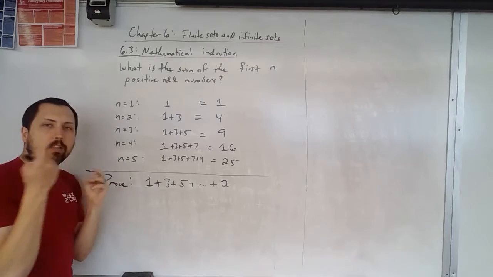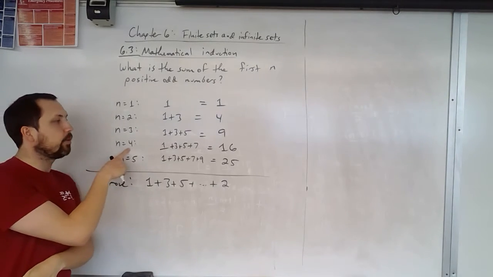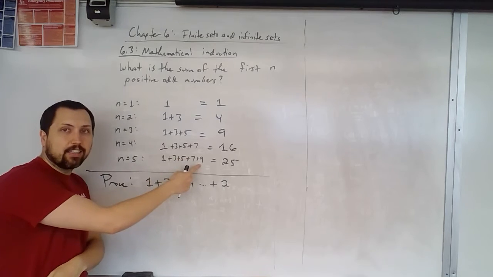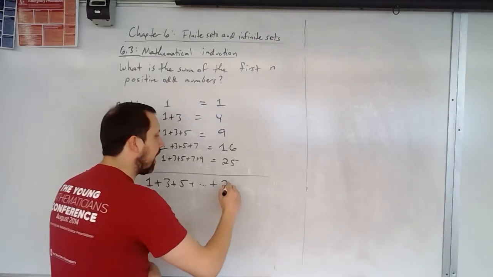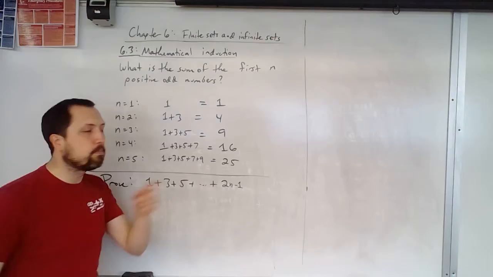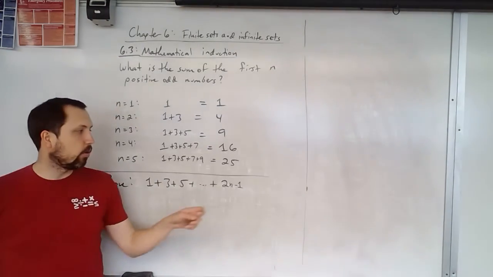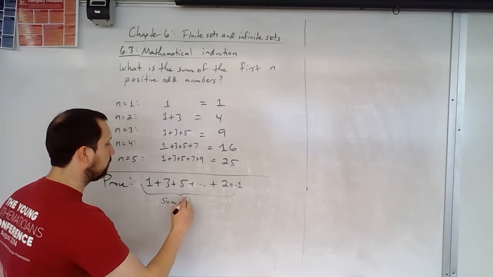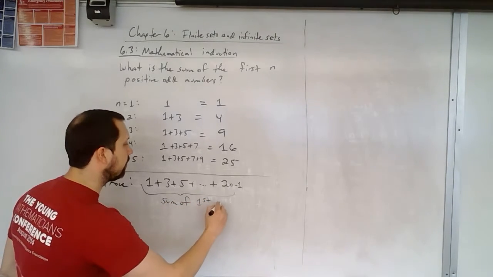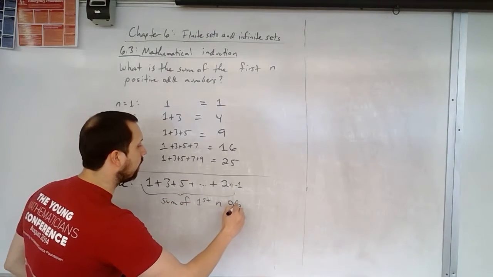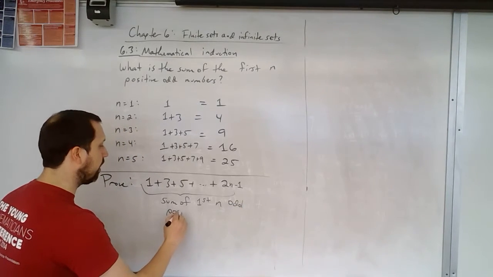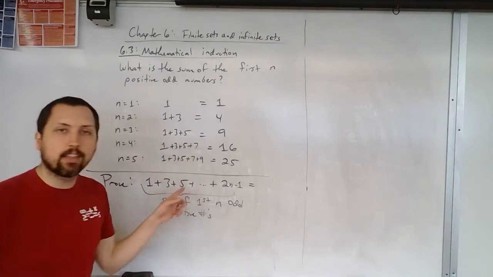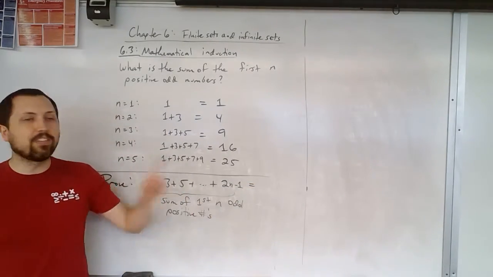Notice, it's sometimes easier to work with the larger numbers here. When n equals 4, the last number is 7. When n equals 5, the last number is 9. So this should be 2n minus 1. This would be the sum of the first n positive odd numbers, so that's how the left-hand side can be represented using n.